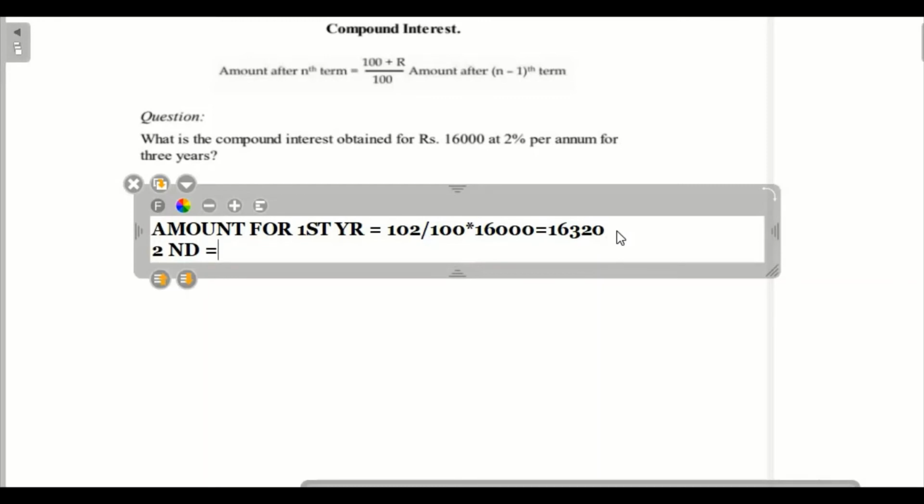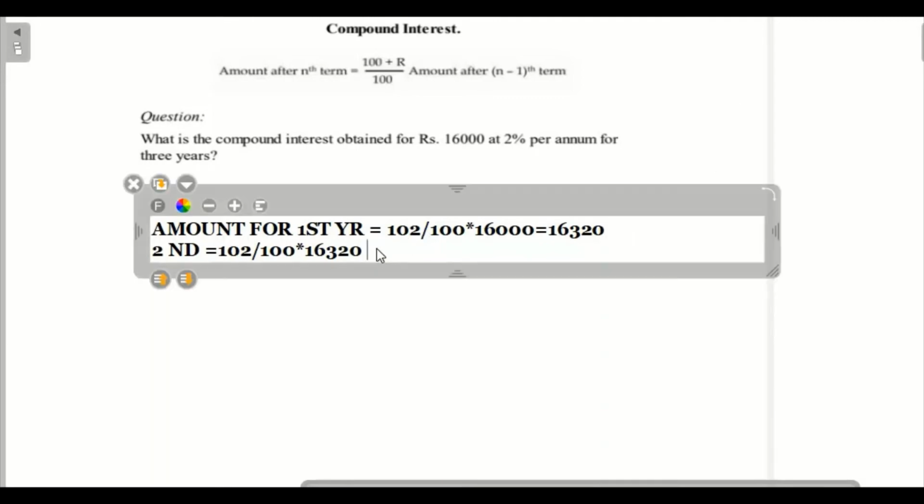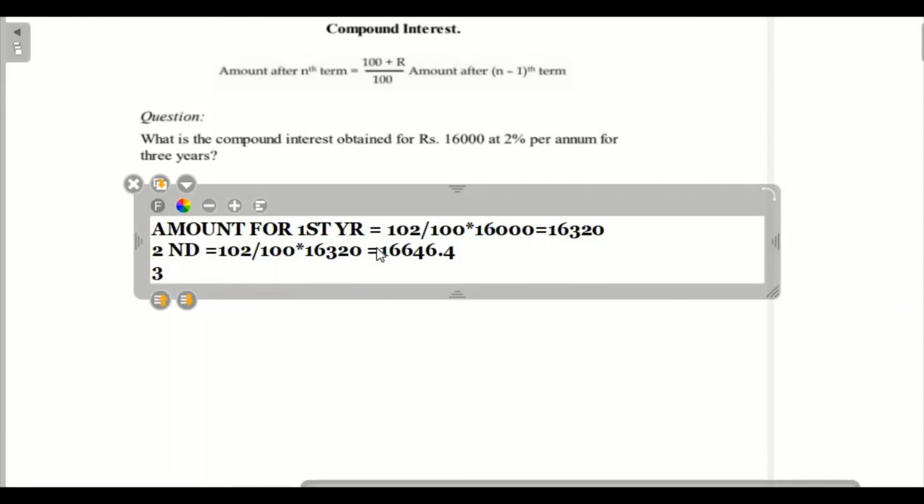So for the second year he gets 102 by 100 into 16,320 equal to 16,646.4. So we have to calculate for the third year also. The third year equal to 102 by 100 into the amount he gained in the second year.